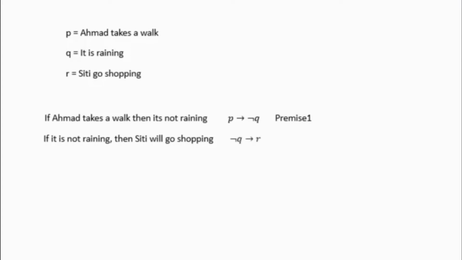This is not Q implies R. We will state this argument is premise 2. Lastly, the argument Siti does not go shopping is stated as not R. This is premise 3. Okay.